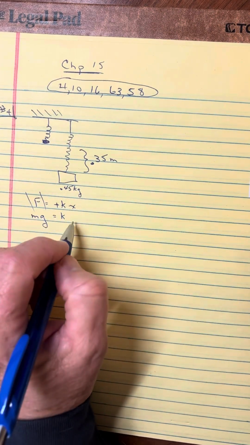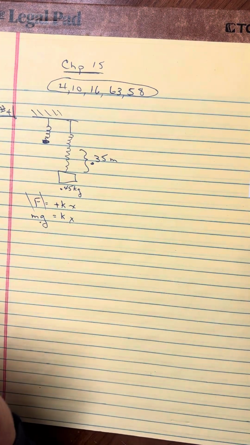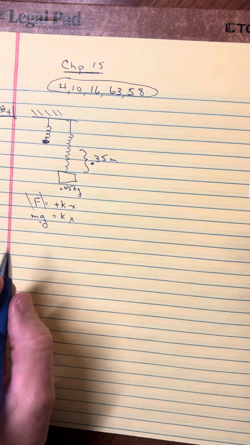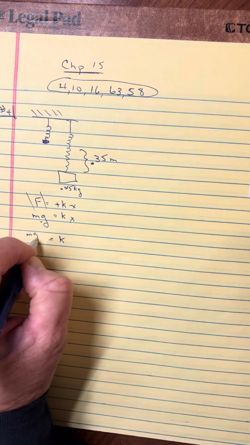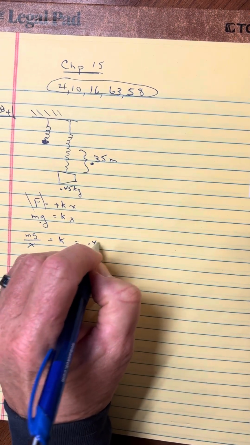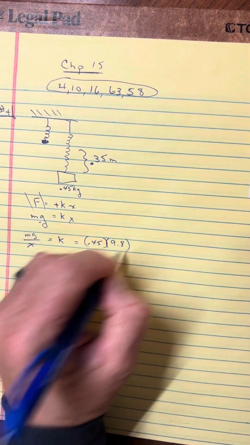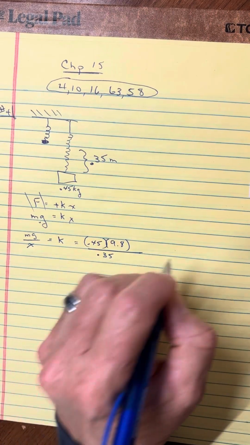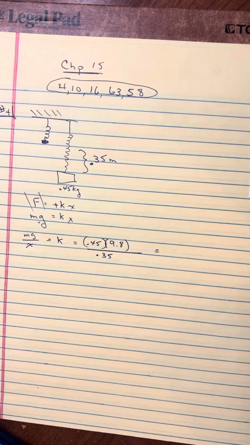And then, of course, the force from the spring pulling it back up. So this is the down and this is the up. They're equal in magnitude to each other. And that'll give me a chance to find the spring constant. It would be mg divided by how much it stretched. And so we've got 0.45 kilograms, we've got g at 9.8, and we've got it stretched 35 centimeters here.